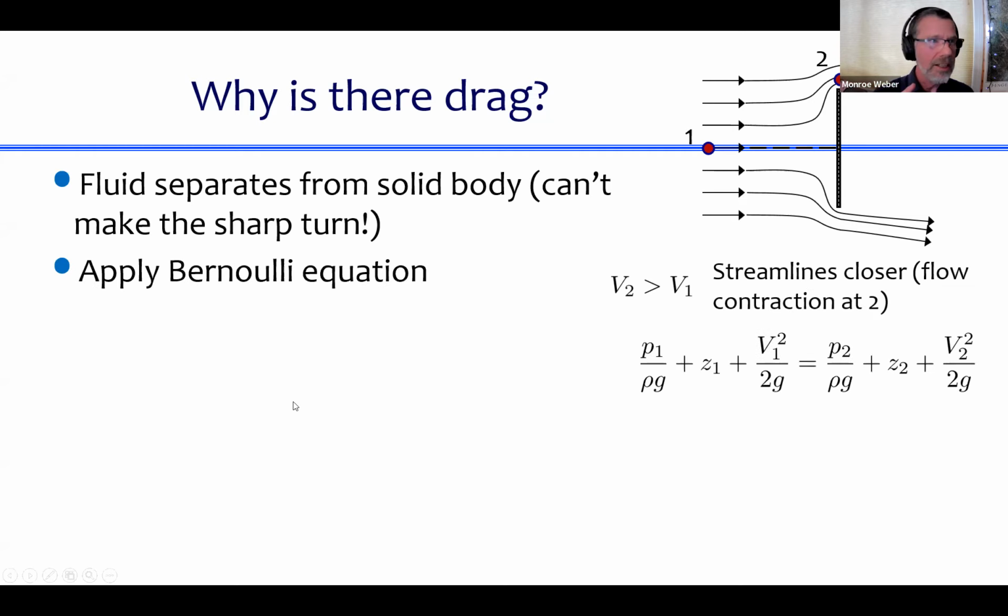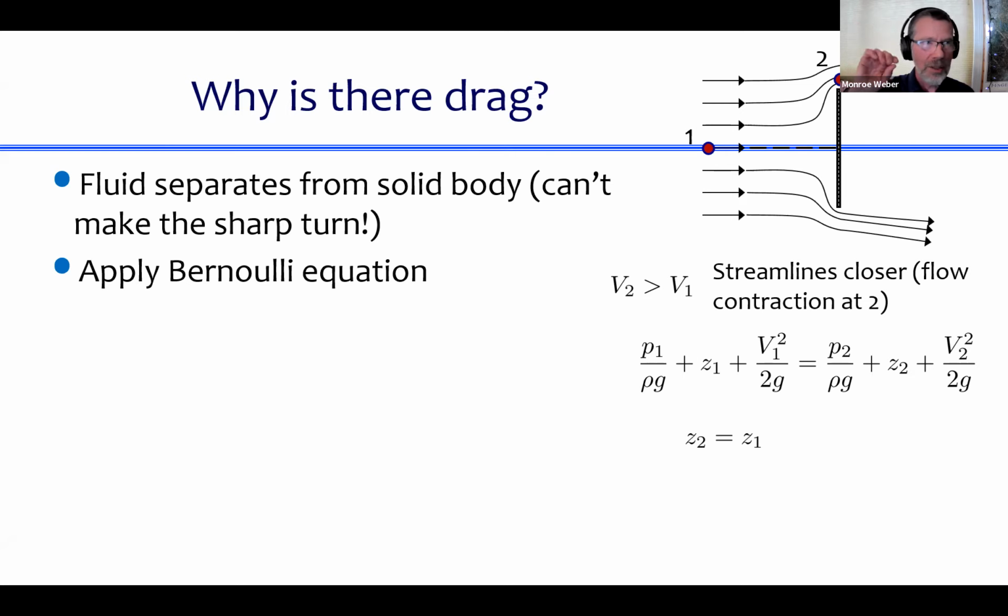We're going to apply the Bernoulli equation here between point 1 and point 2. It's funny, I'm seeing this error in my notes. Point 1 ought to be up on this next streamline because the Bernoulli equation has to be applied along a streamline. It doesn't change the conclusion here. So we have this equation from Bernoulli, and if we change our geometry and say we're looking down on this plate, then point 1 and point 2 are both at the same elevation.